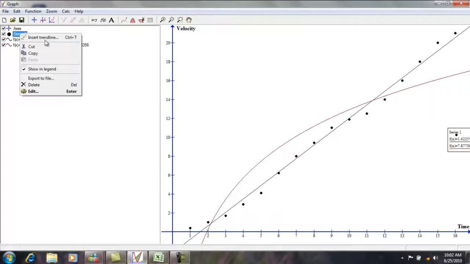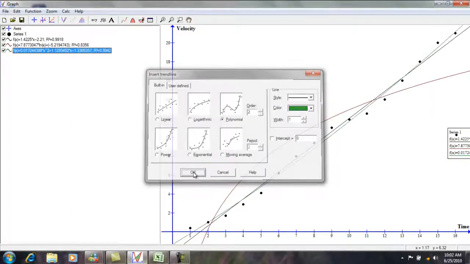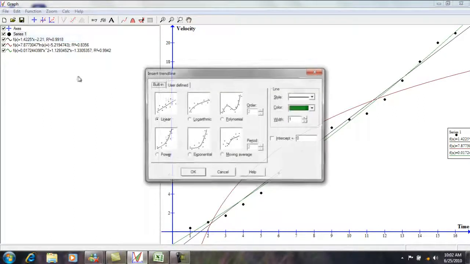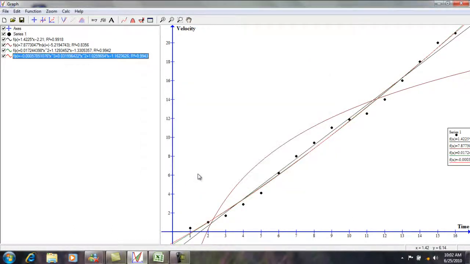We have here inserted a linear trend line, a logarithmic trend line, and now we are inserting a polynomial trend line. This is a polynomial trend line of order 2. And we are now inserting another polynomial trend line of order 3.